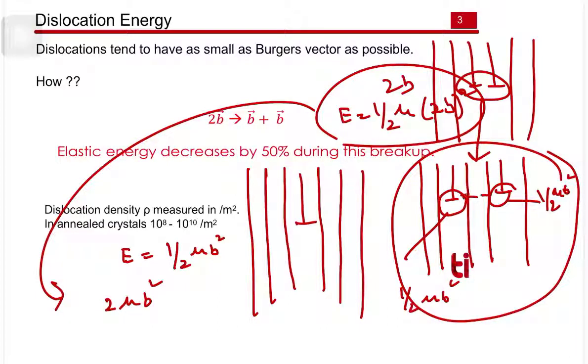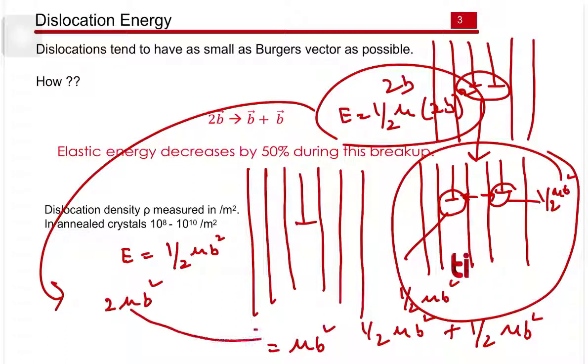If it is split into two separate dislocations, then it will be half of mu b square plus half of mu b square, equal to mu b square. So there is a 50% reduction in the distortional energy. That's why a dislocation tends to have as small a Burgers vector as possible, just to remain in the equilibrium state.